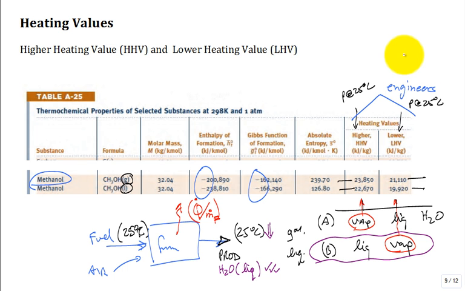Well, how do we jump back and forth between the heating values and the enthalpy of combustion? Well, the enthalpy of combustion, and you pick your fuel, is it liquid methanol or gaseous methanol, is equal to, I need a negative sign, because engineers took that heating value and made it positive, so I'm going to have to make it back negative for the enthalpy of combustion.